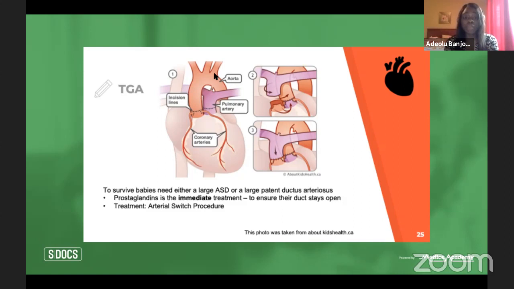Your eventual treatment would be something called an arterial switch procedure, an operation that would occur within the first couple days of life, where, as you can see from photo 2 and 3, you essentially cut off the bottom of the pulmonary trunk and the aorta, and you switch them with each other.